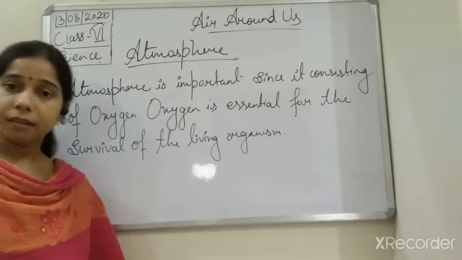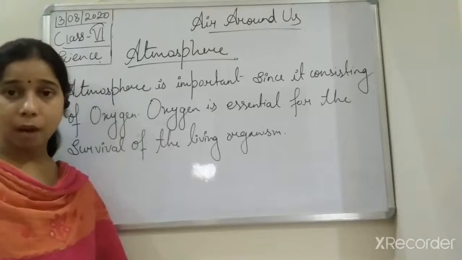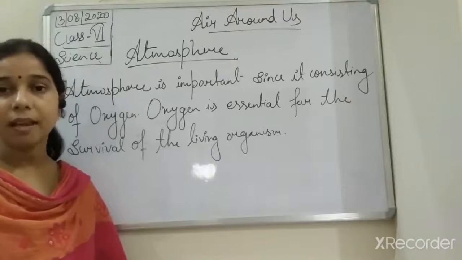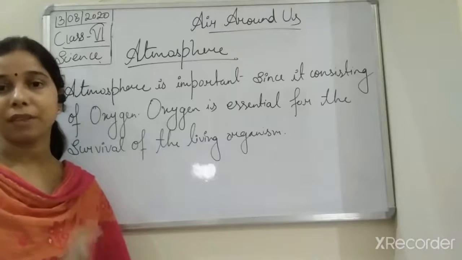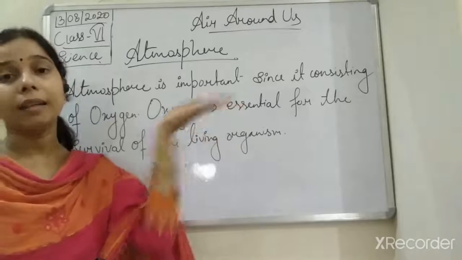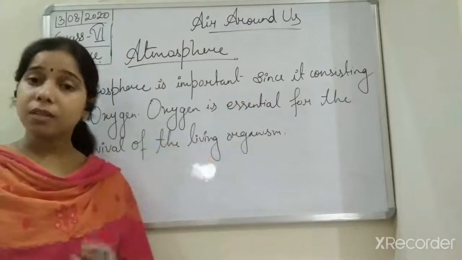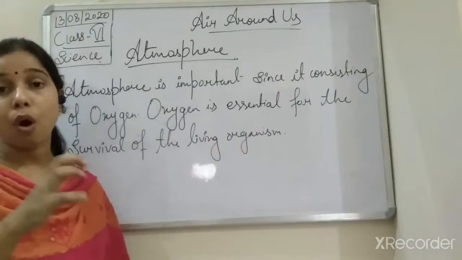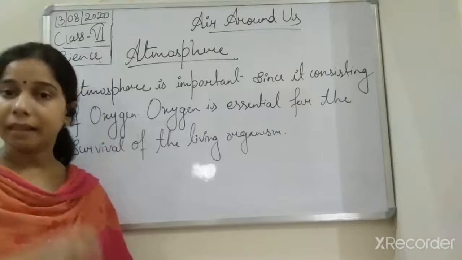Now, at the ground, at the Earth's surface, you will feel that a lot of oxygen is there, due to which you are able to survive properly. What will happen as you start moving to a higher altitude? As you move to a higher altitude, students, the level of the oxygen keeps on decreasing.